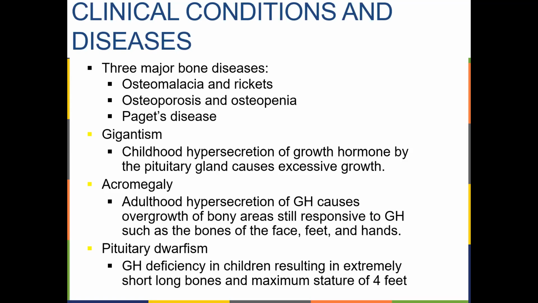And then you notice that your nose is getting bigger, or your mandible is getting bigger, or your fingers are enlarging. Acromegaly only affects the facial bones and the hands and the feet. It doesn't cause increased body stature. It causes almost a deformity of the facial bones because it gets so large there.